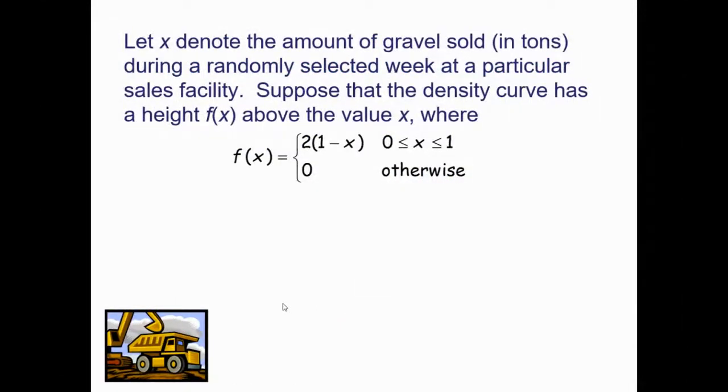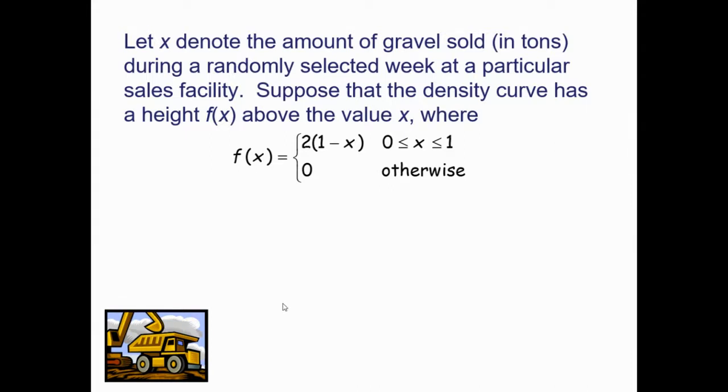So let X denote the amount of gravel sold in tons during a randomly selected week at a particular sales facility. Suppose the density curve has a height f of x above the x value, where f of x is equal to 2 times 1 minus x, as long as we're between 0 and 1.